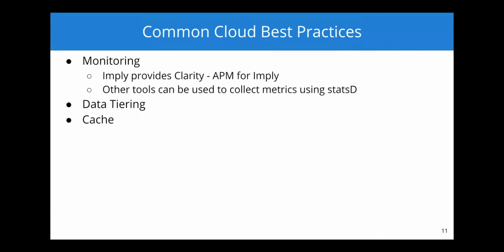Say, for example, if you have a data source that needs to be performing really good, and you want to make sure the most amount of CPU resources and memory are being allocated to that data source, then you group a set of historical nodes and then create tiering like a hot tier and a cold tier, and then ingest a data source that requests more performance only in the hot tier, whereas the data source that doesn't need much of a performance into the cold tier.